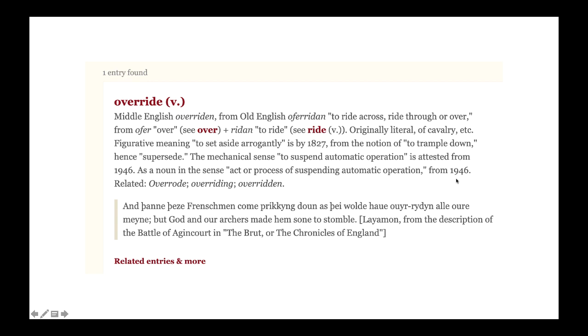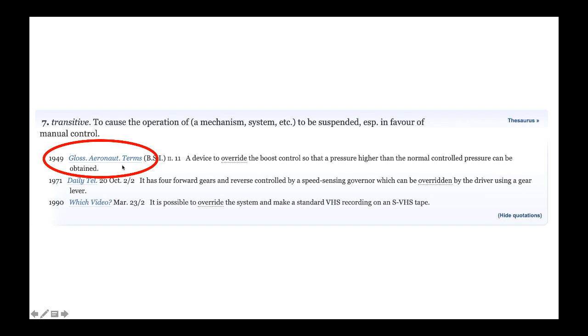So I went to the Oxford English Dictionary, remember how we did that in class, and found out that in 1949 at least, the first mechanical recording of the term is in an aeronautics glossary or dictionary. It's overriding the boost control. So that's a technological term being used to describe how human feelings work.